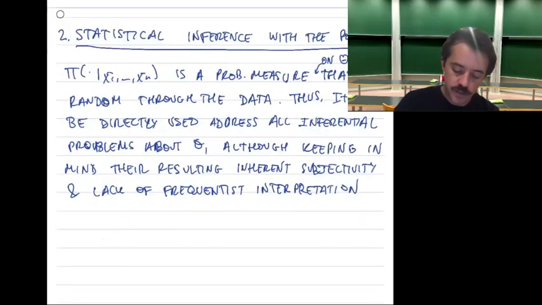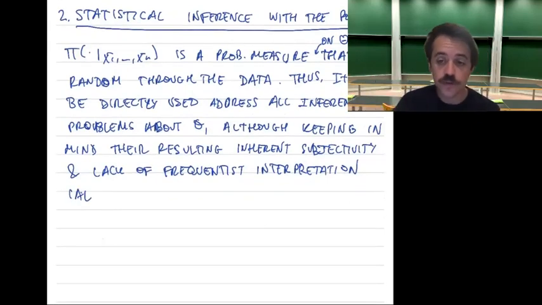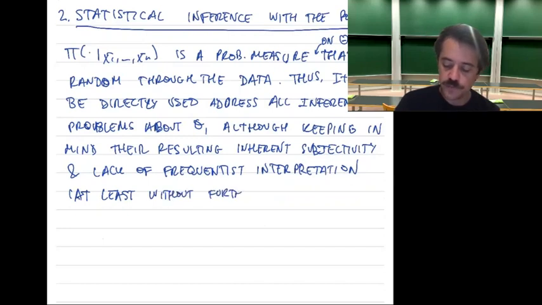So I'm not saying they don't have frequentist interpretations, but at least as they come constructed from the posterior, there is no reason to believe that they will get these interpretations, at least without further justification.